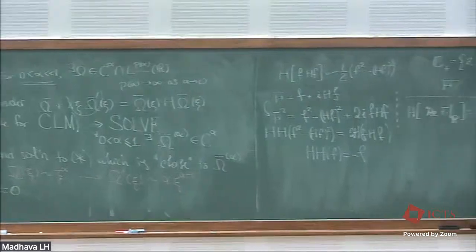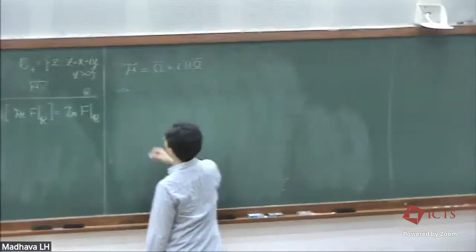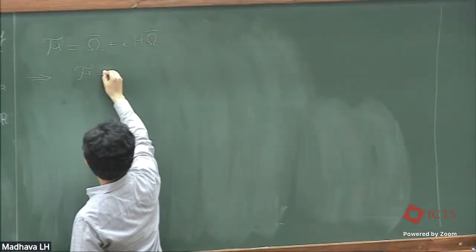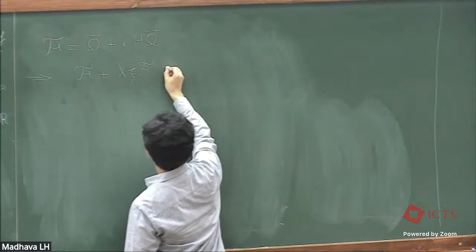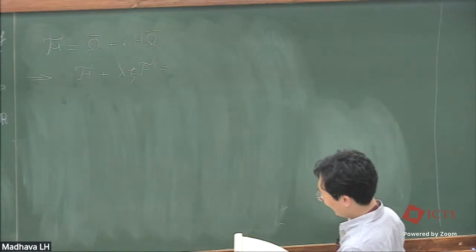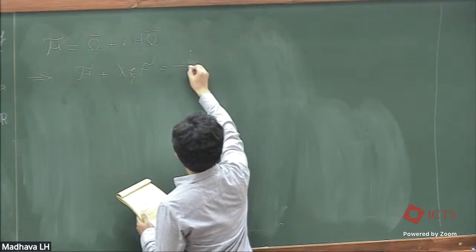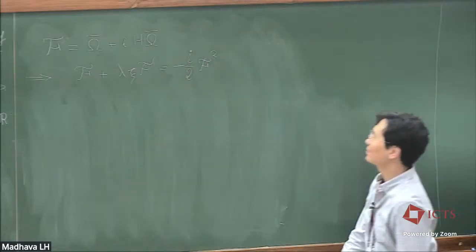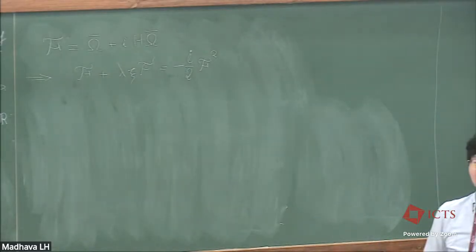The point is that F, this complex analytic function, satisfies F plus lambda xi F prime xi equals, the right-hand side is the key, minus i over 2 F squared, using the trichotomy identity.